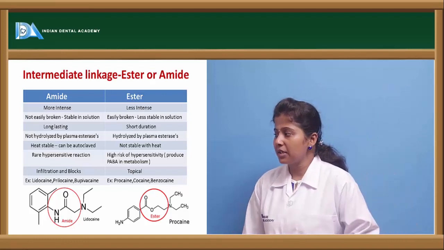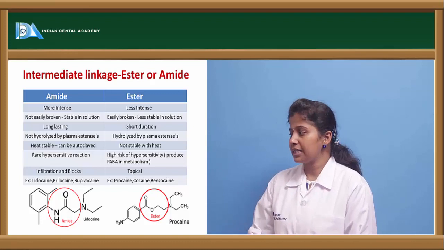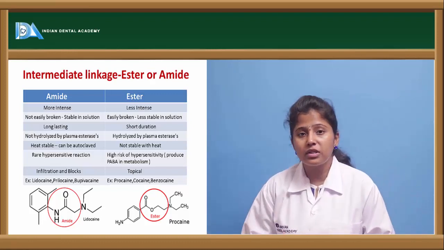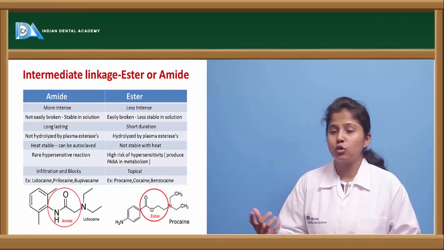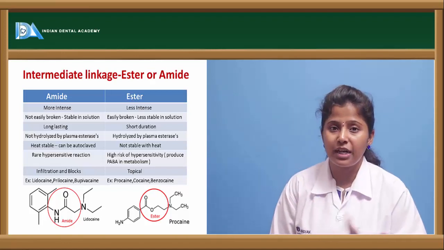The examples which come under this category are lidocaine, prilocaine, and bupivacaine. Here we can see the amide linkage, where the double-bonded oxygen is attached to the NH group.